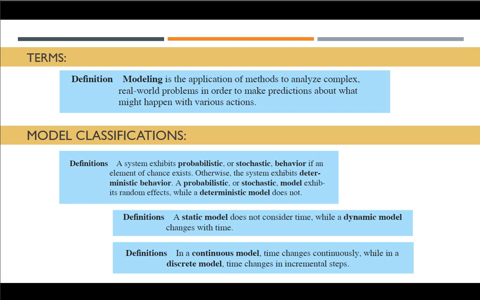In a static model, we do not consider time. So the model is comparable to a snapshot or a map. Since there's no time, it is like looking at a picture.